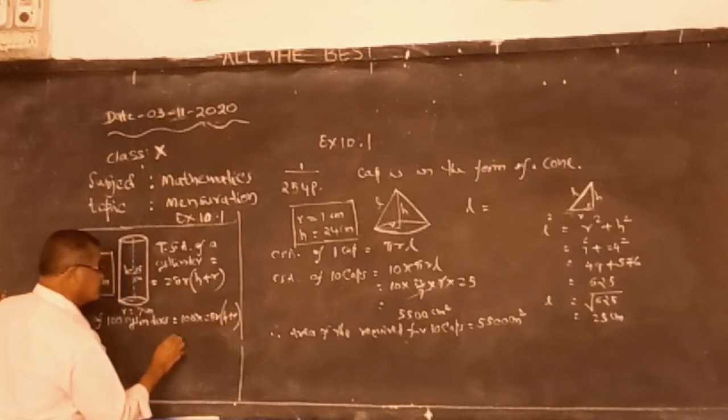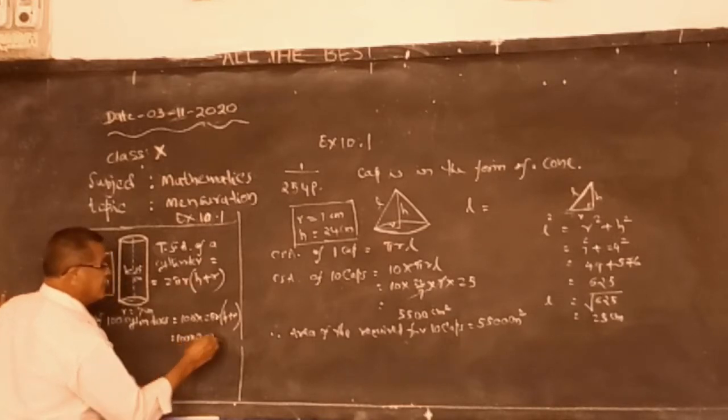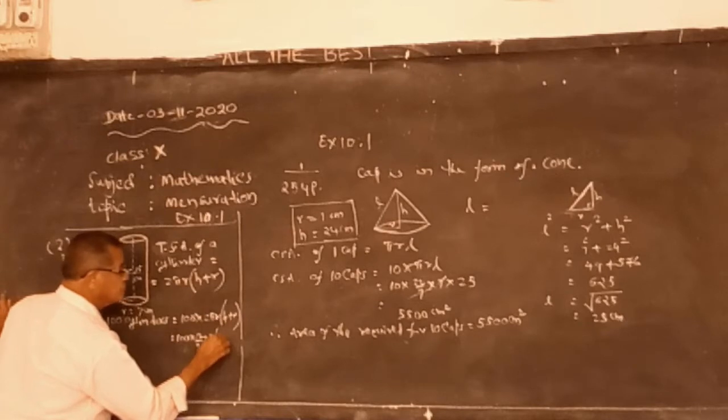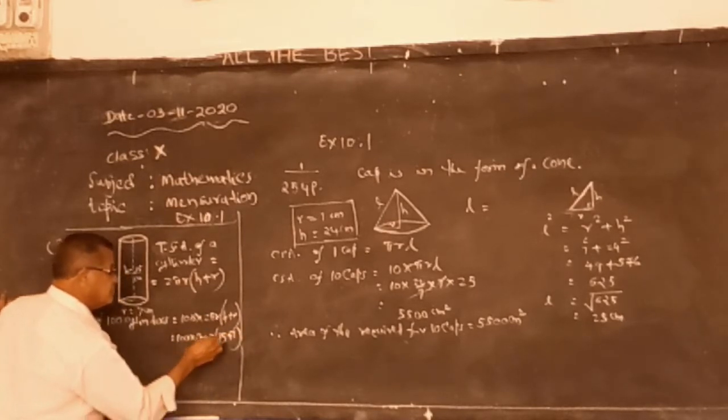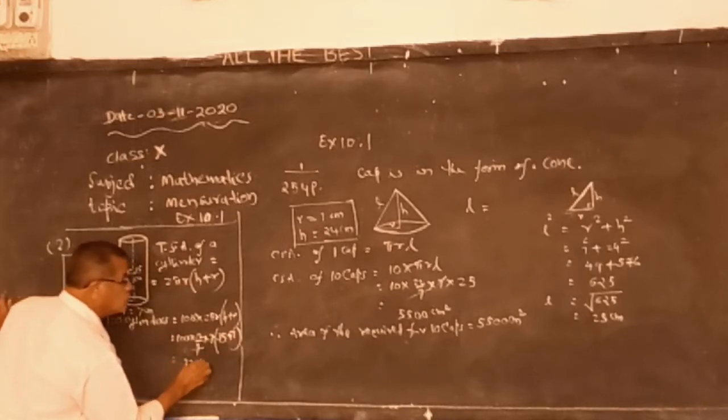Now substitute 100 into 2 into 22 by 7, r is 7, h is 35 and r is 7. 7 and 7 cancel, 2200 into 42.